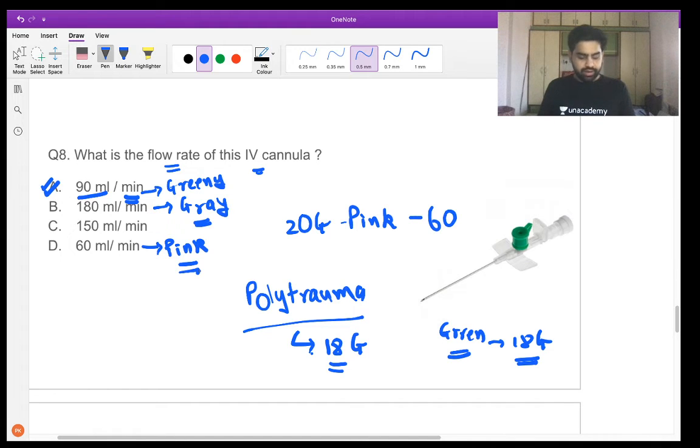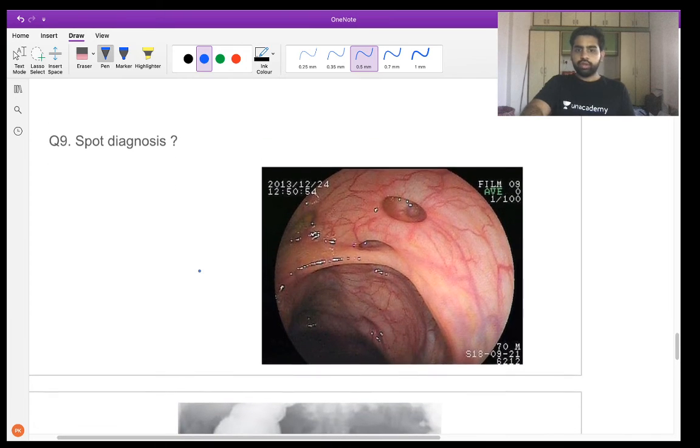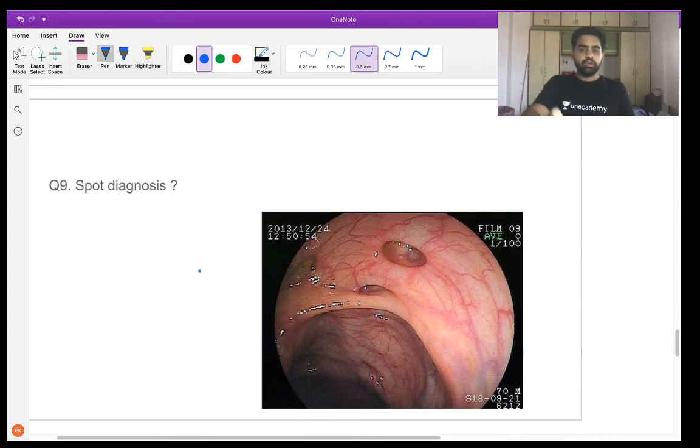Okay, so well, yes guys, let us move on to the next particular question. Right, now this is again something very important, and you should understand this. So can you tell me what is the spot diagnosis? I'll just wait for a couple of seconds for you to answer. Okay, so please tell me what is the spot diagnosis of this particular thing?